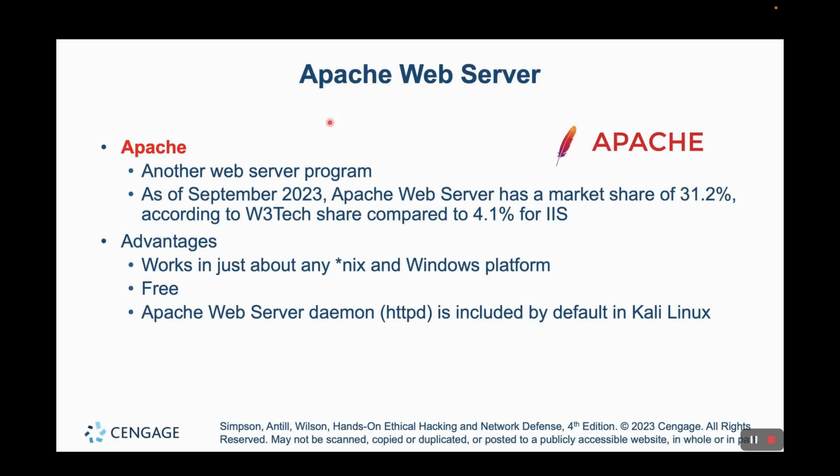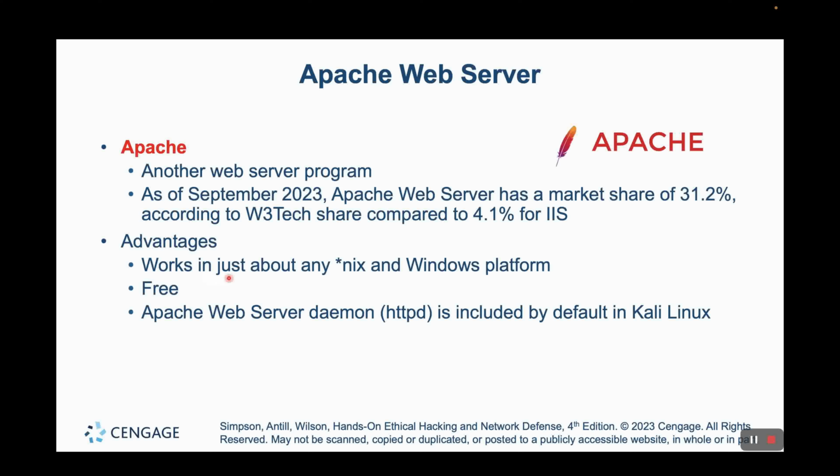Now, Apache server is also one of the very well-known servers, and it's very popular as well. As of September 2023, Apache web servers have a market share of 31.2% according to W3Techs, compared to IIS, the one that runs on Microsoft server platforms.